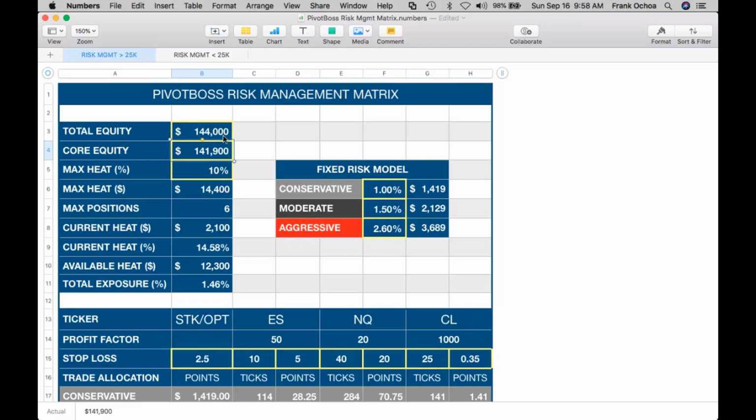Doing wrong math here. So basically that's 2,100 if this was at 144, and now you can see 2,100 is the current heat. The available heat is here. You have 14.5% of available at play, 1.46% total exposure of the overall account.